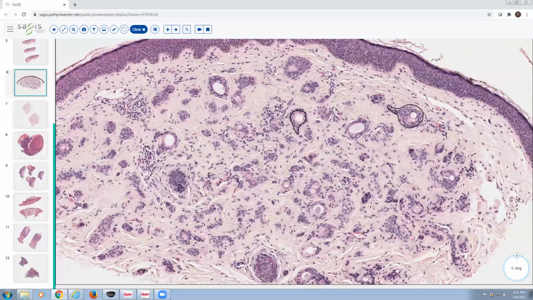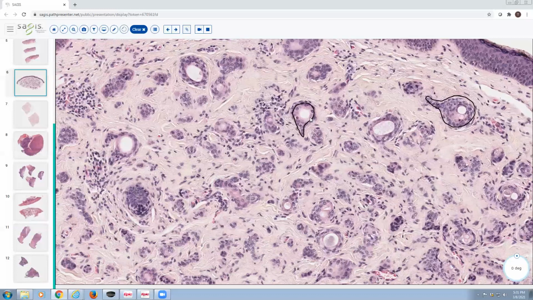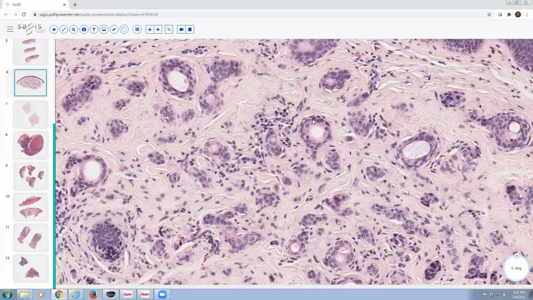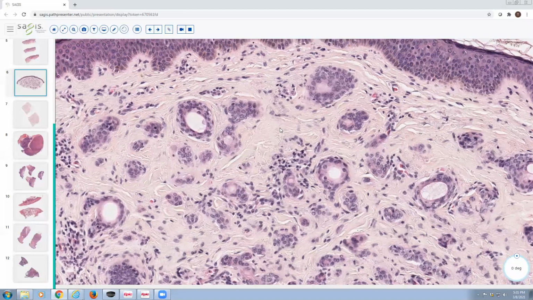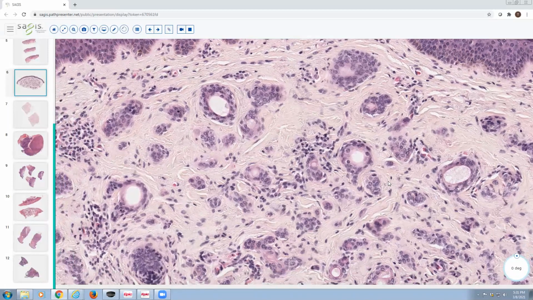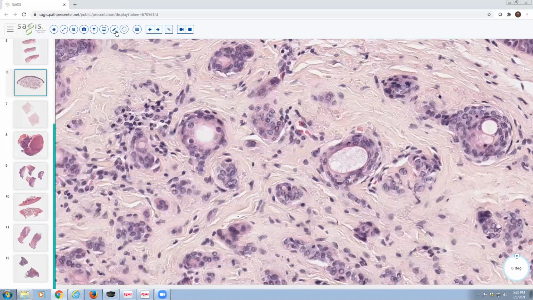So this is a common scenario where you see these little cysts or ducts, and you're trying to decide, okay, is that pilar? Is that a cyst? Or is that eccrine? Is that a duct? One thing that you can do is look at the contents of what's in the lumen. In a cyst, remember, we saw concentric rings of keratin.